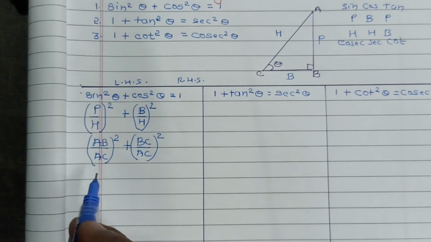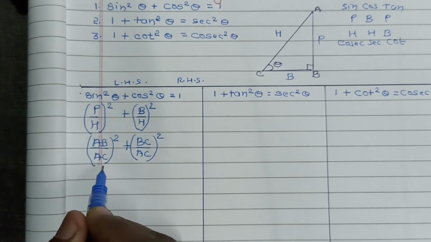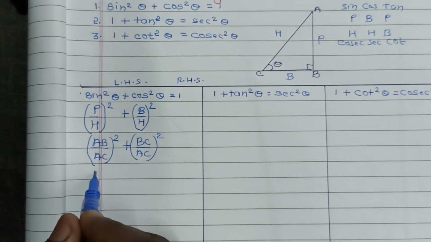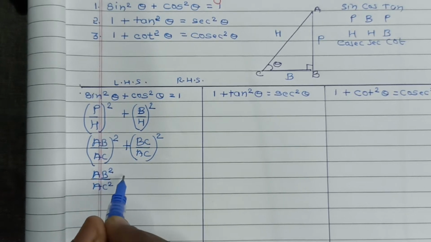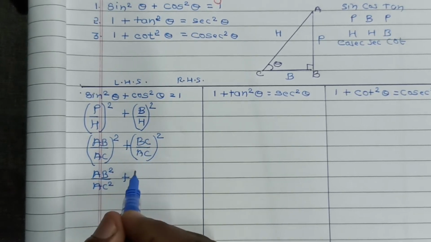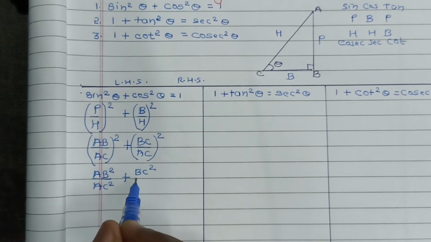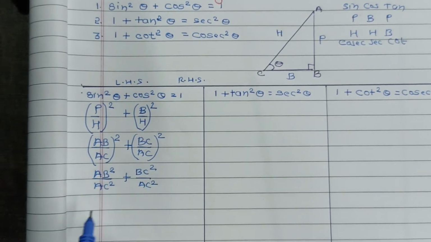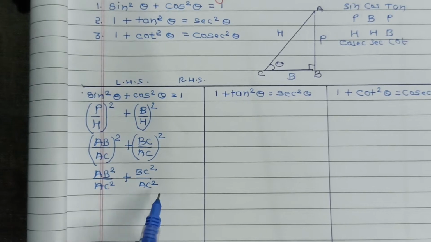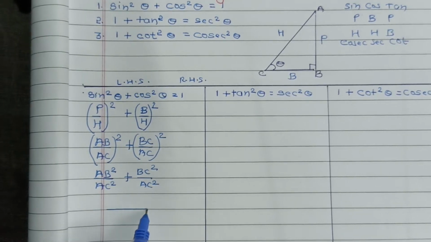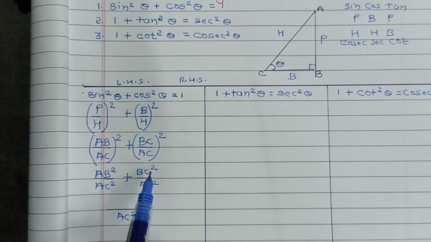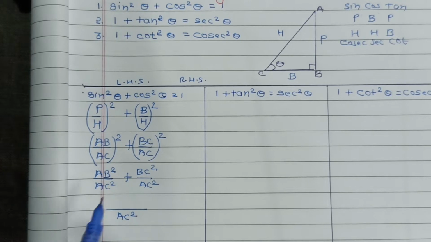Next step, what you have to do? You have to write this AB square and AC square separately. So this is AB square and this is AC square. Same way here also BC square and this is AC square. Now we got the denominator same, therefore you have to write this AC square as it is at denominator place, and the numerator AB square and BC square you have to write as it is.